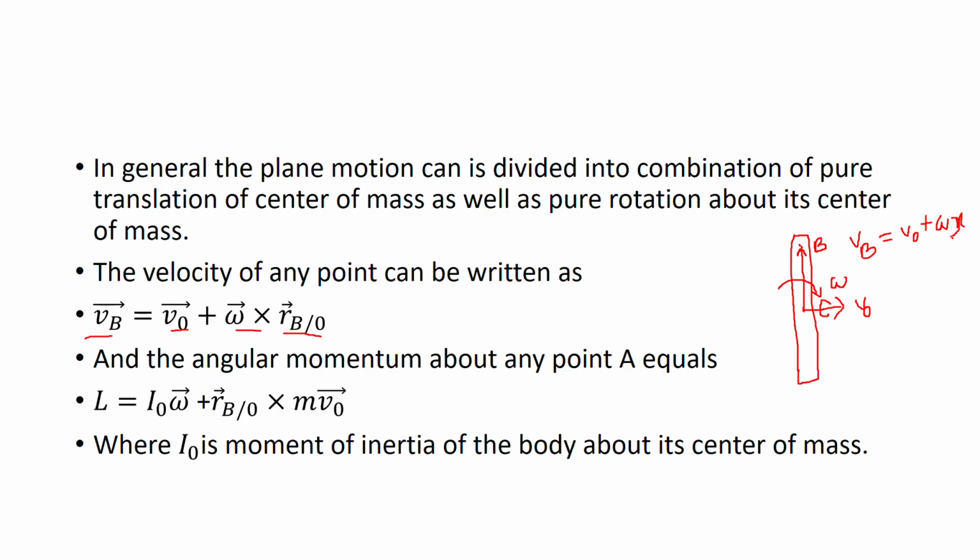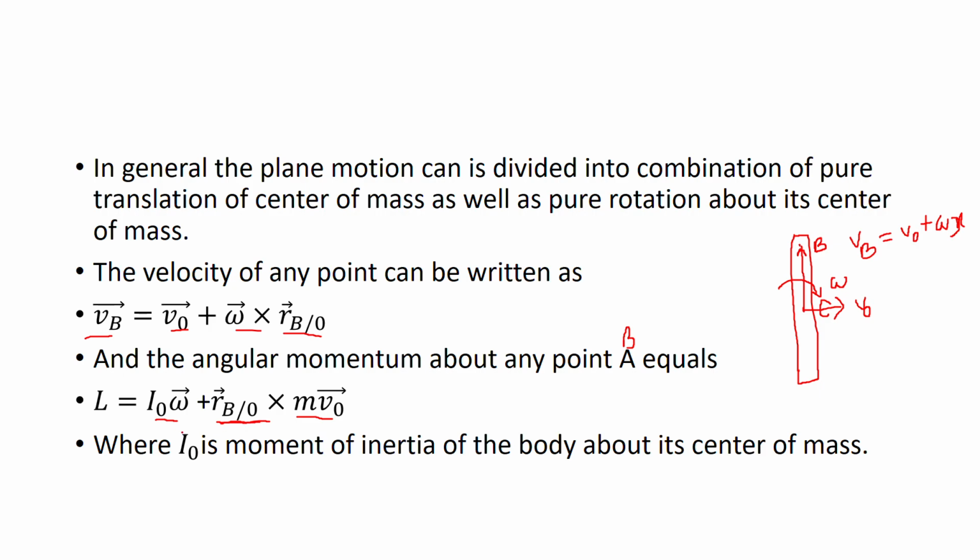Similarly, the angular momentum about any point, say B, or you can take A, or whatever it is, can be determined as the sum of the angular momentum of the center of mass rotating with angular velocity omega, plus the angular momentum of the center of mass about that point. This is the linear momentum of the center of mass, m into v0, and this is the position vector of the point about which we are taking the angular momentum.